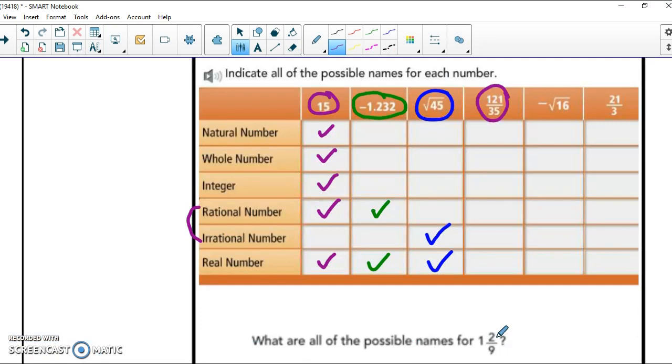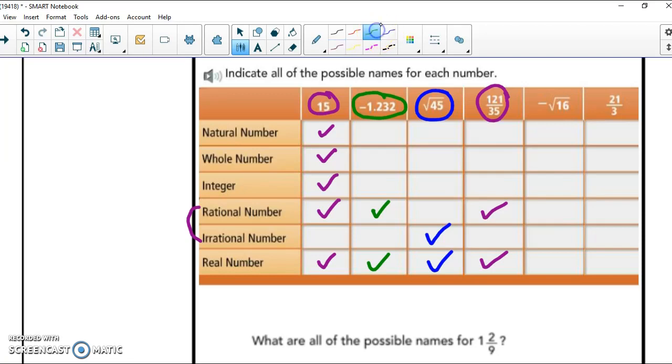There we go. So if it is a repeating decimal, then we know that it is rational. However, it's not going to be an integer, a whole number, or a natural number. And if it's rational, it can't be irrational, but it certainly is a real number.